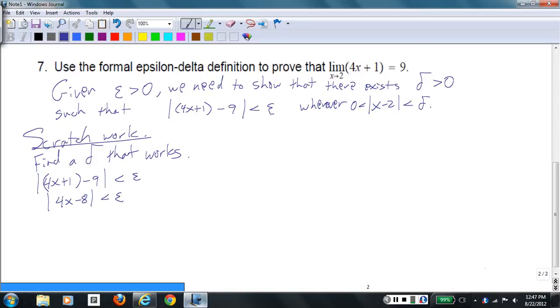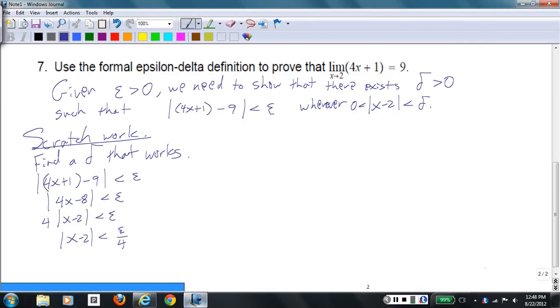Now, there's two steps I'm going to skip. Factor out the 4, use the property of absolute value, and eventually the 4 comes out in front, and we have 4 times the absolute value of x minus 2. We want that to be less than epsilon, so that means that x minus 2 really needs to be less than what?